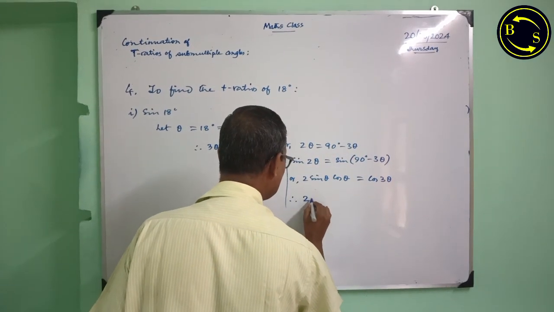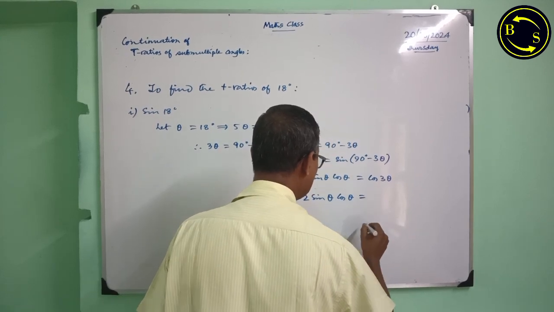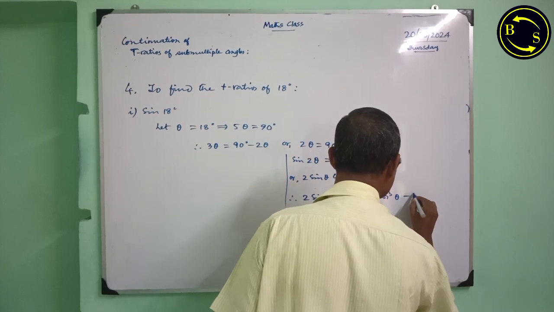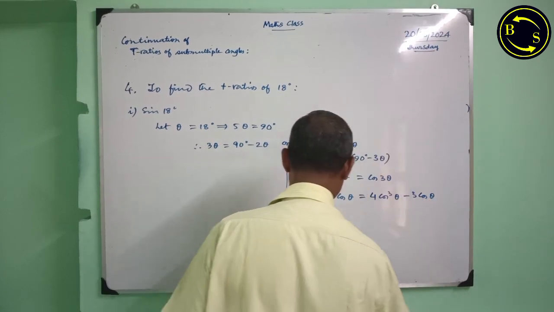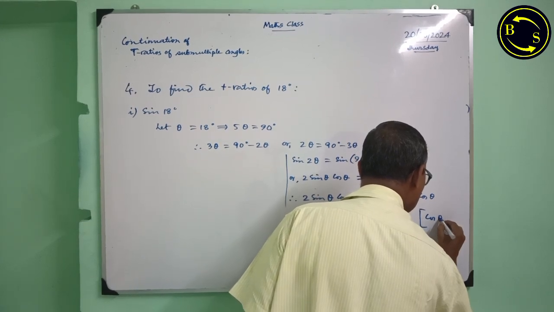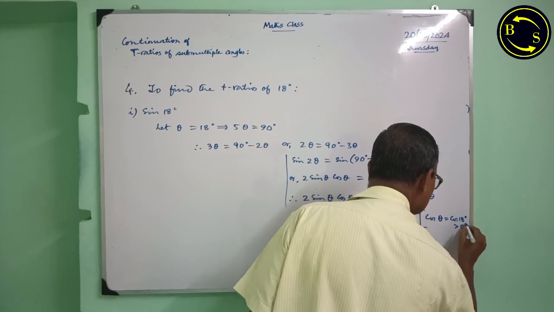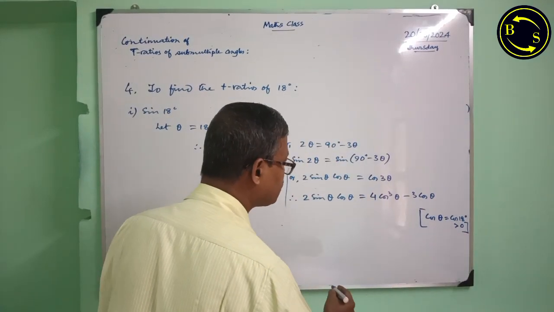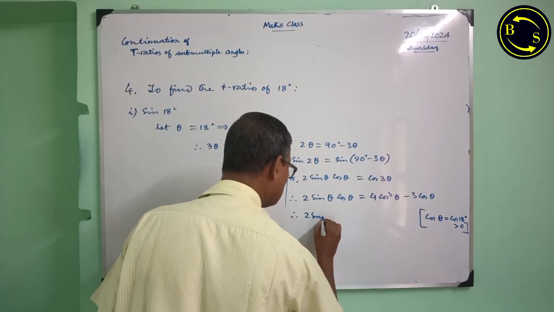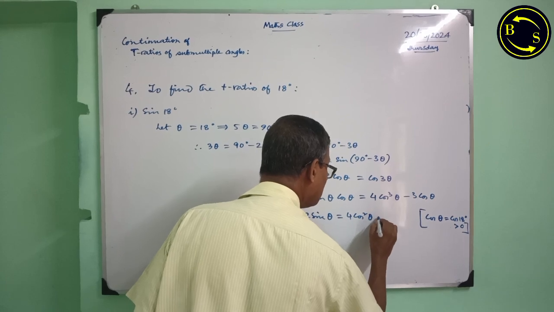Therefore, 2 sine theta cos theta equals 4 cos cube theta minus 3 cos theta. Since cos theta equals cos 18 degree, that is a positive value, we can cancel cos theta from both sides, so that it will be 2 sine theta is equal to 4 cos square theta minus 3.